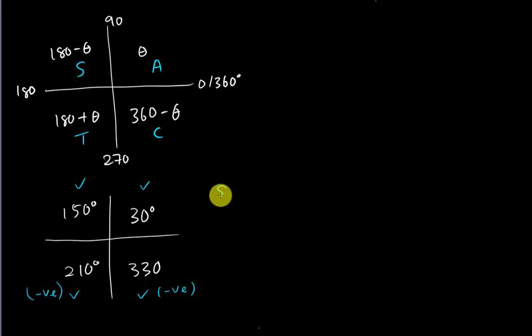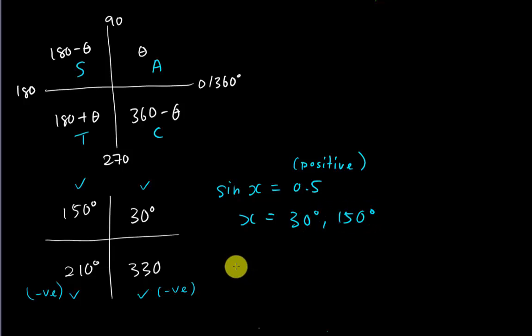That means if I say sine x equals 0.5, which is a positive value, I know my x will be 30 and 150. If I say sine x equals negative 0.5, my x value will be 210 and 330.